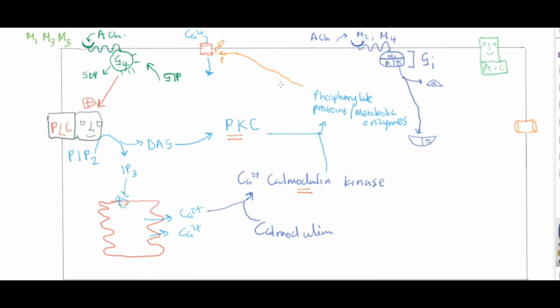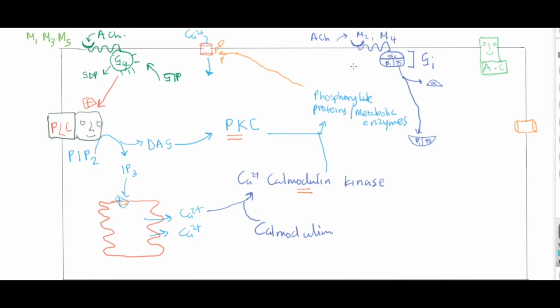This one is your delta and this one is your beta. In full, it is beta 1, delta 1, alpha 1. In general, what we are looking at here is an enzyme. This one is very important. We will talk about it again and again. This enzyme is called adenylate cyclase.